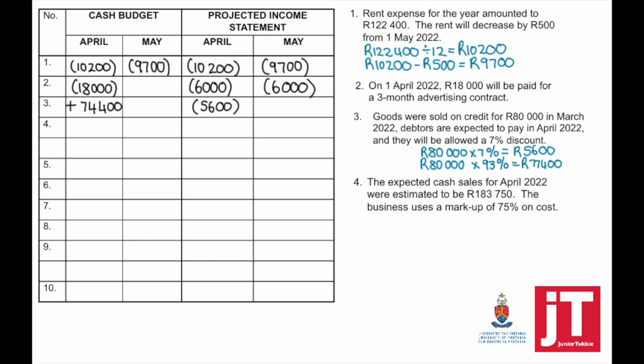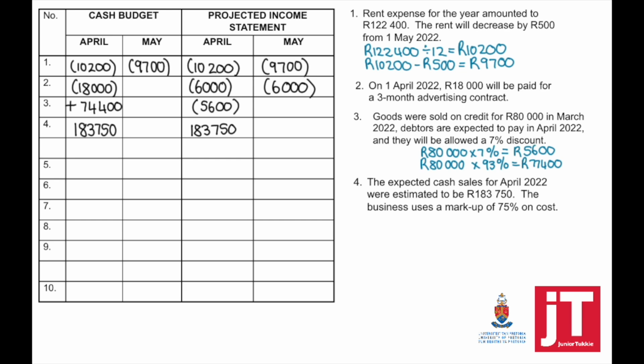Number 4, the expected cash sales for April 2022 were estimated to be 183,750. The business uses a markup of 75% on cost. So what is happening here? Number 1, we need to show we've got an expected income, 183,750 because of sales, but because it's cash, that goes into my cash budget as an expected receipt, 183,750.